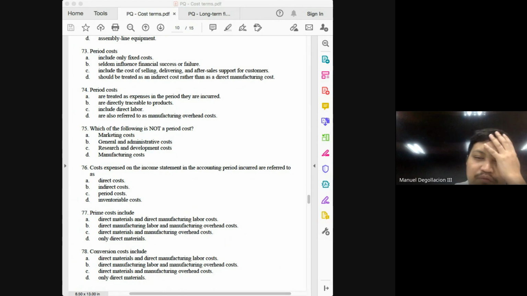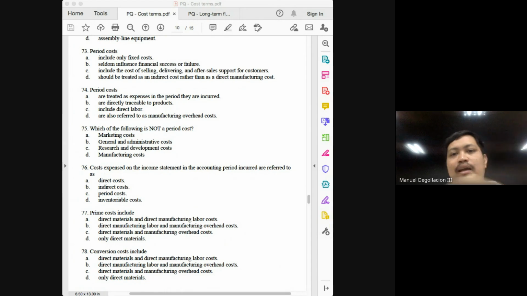So meaning we're looking for an inventoriable cost. Marketing? No. If it's related to selling, it's not an inventoriable cost. General administrative, generally period costs. R&D, generally not inventoriable. The only correct answer here would be letter D.